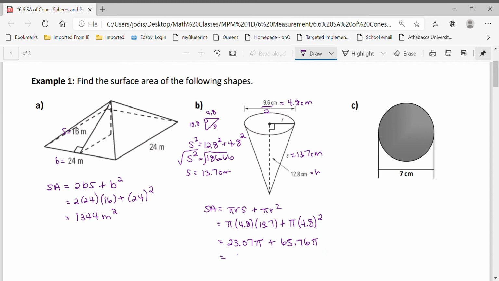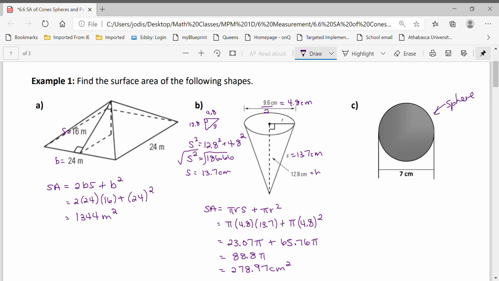Add those together, we get 88.8 pi. Multiply that by pi, and we get 278.97 centimeters squared.